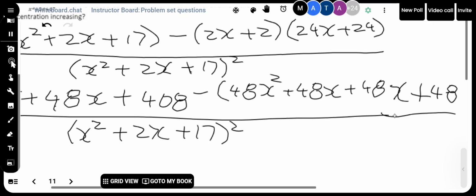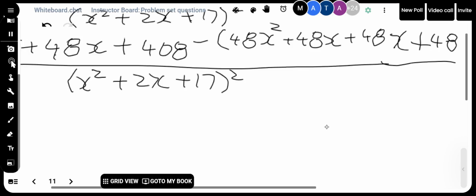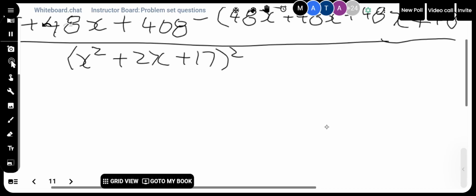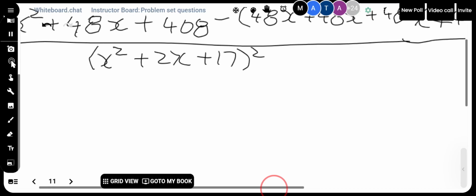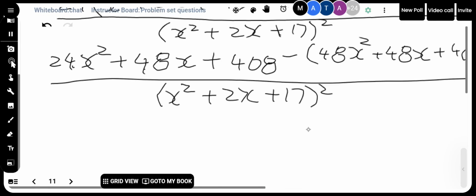So let's keep going from there now. See if I have enough room down here. Let me just fold this thing over. So now we can try to put all our stuff together here, right? Let's put everything together. So it's 24x squared, minus 48x squared.